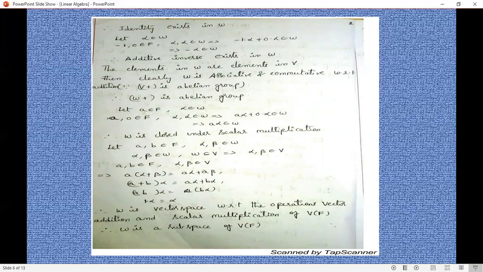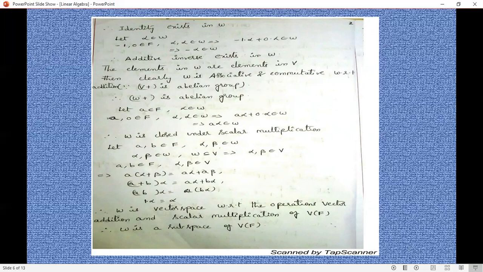Okay. -1 into alpha plus 0 into alpha belongs to W implies minus alpha belongs to W. Therefore, the additive inverse exists in W. Students, we can observe one thing: associativity and commutativity need not be proved in subgroups, subrings and vector subspaces, because the elements in W are the elements in V. Therefore, it satisfies the associative and commutative laws. Therefore, (W, +) is an abelian group.